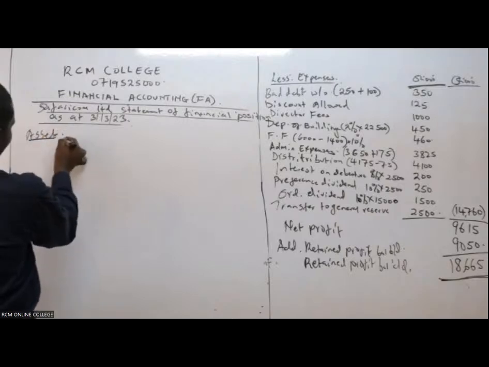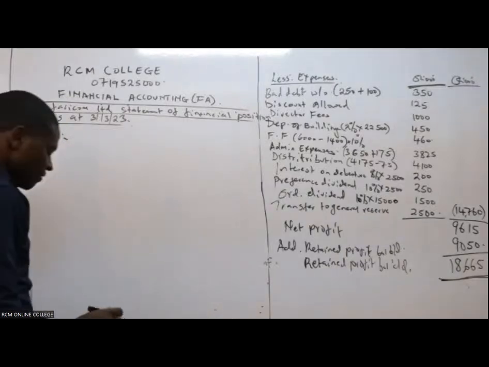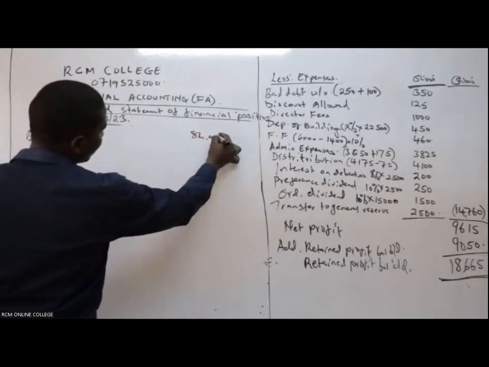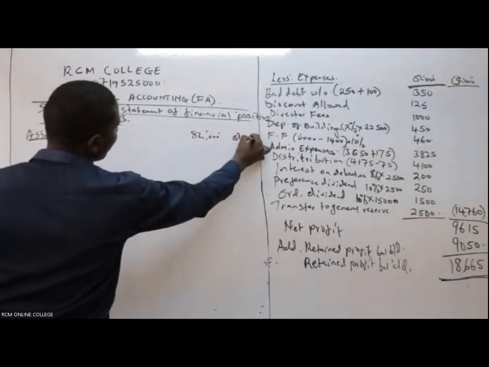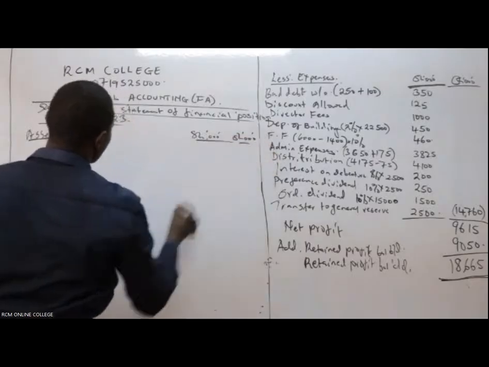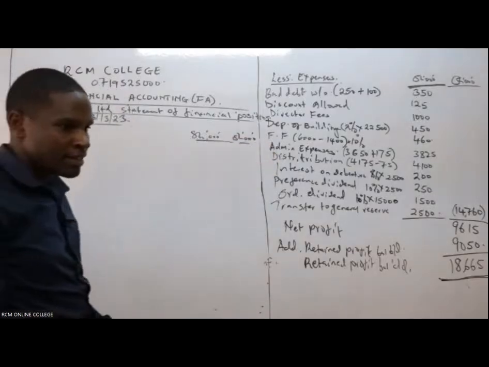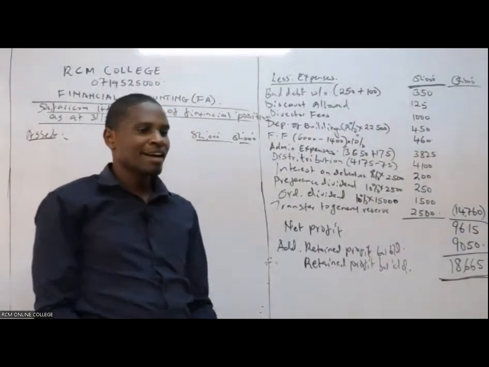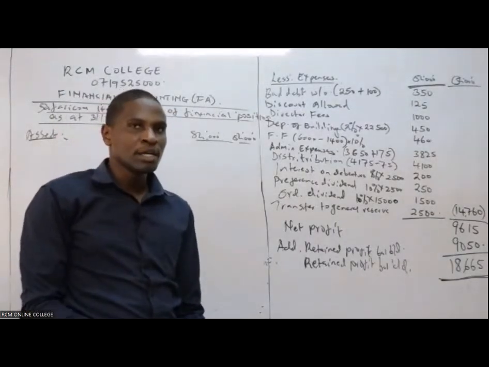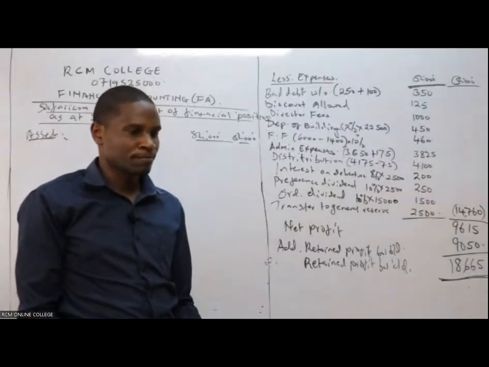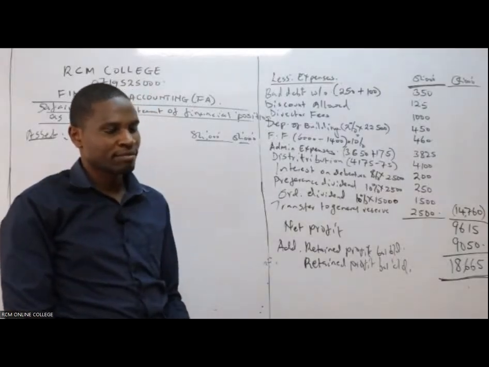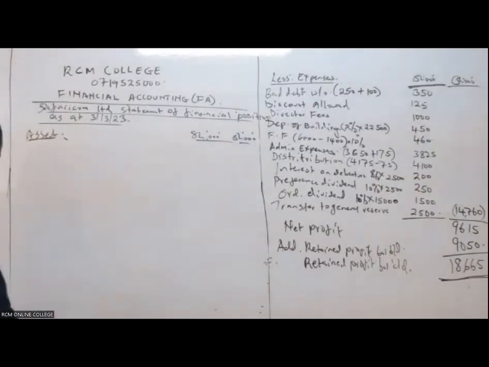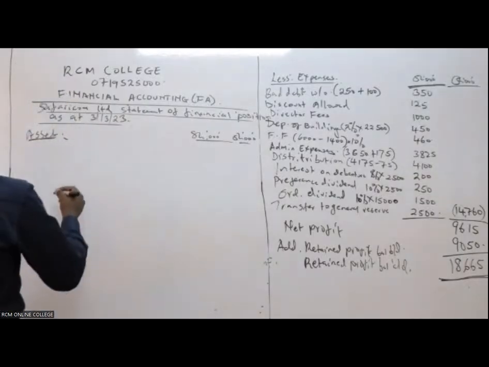If you are good enough, you can give me the non-current assets that we have in this case. Looking at my question, I had been given building, then furniture and fitting, and then investment at fair value.